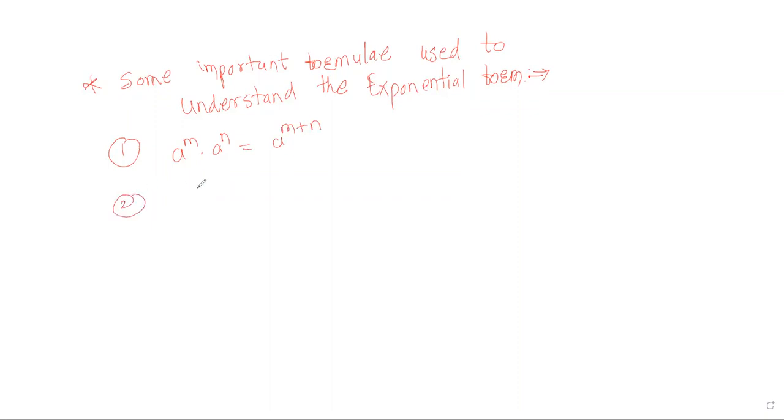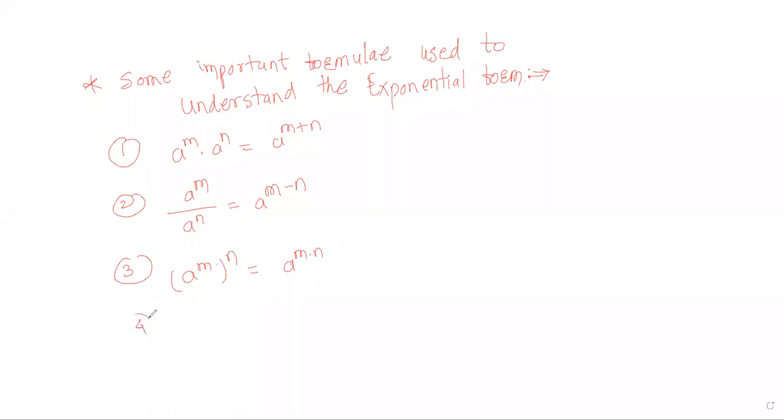Then second formula is the a raised to m upon a raised to n is equals to a raised to m minus n. Then third formula is the a raised to m raised to n is equals to a raised to m into n. These two ह्या दोघांची काय असणार मल्टिप्लिकेशन असणार.